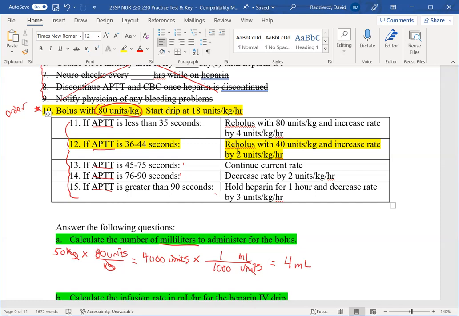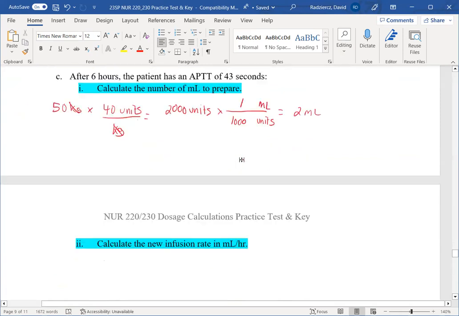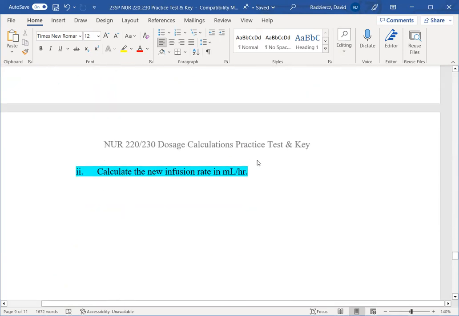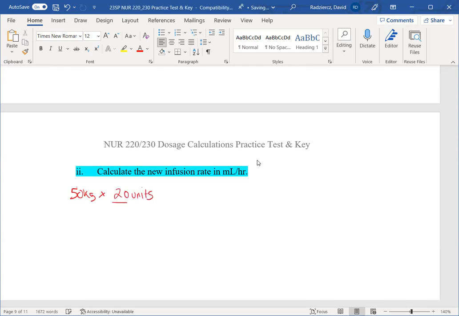So if I'm increasing by 2, 18 plus 2 is 20. So I'm going to take the same patient, same weight, 50 kilograms, now multiplying by the new infusion rate of 20 units per kilogram per hour. And I'm going to get 1,000 units per hour.